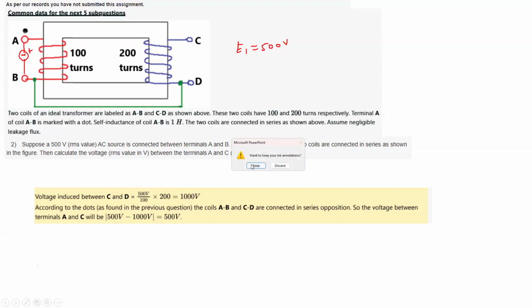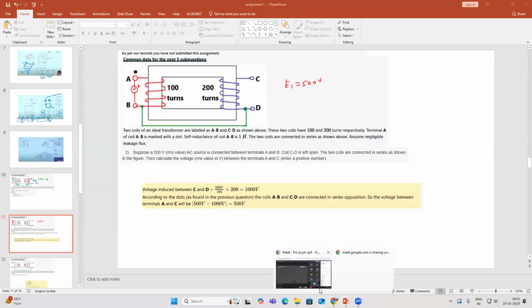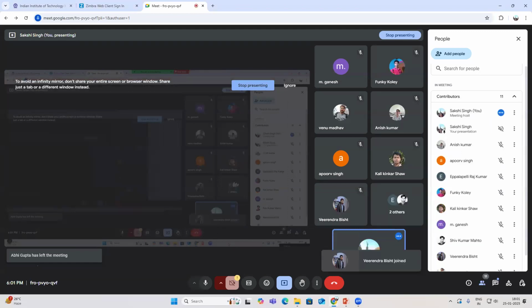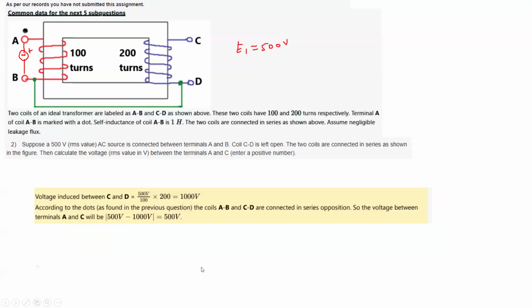They are just saying the coils are connected in series as shown in the figure, nothing much.